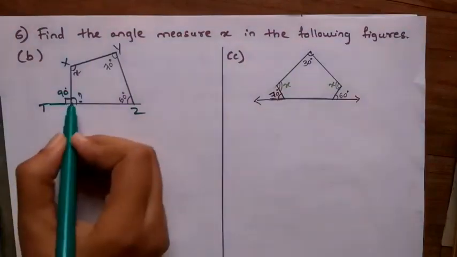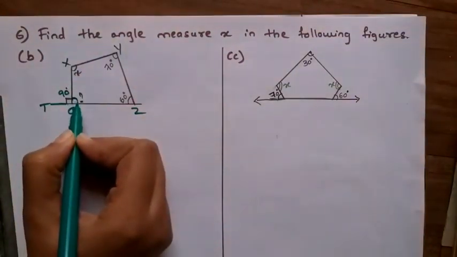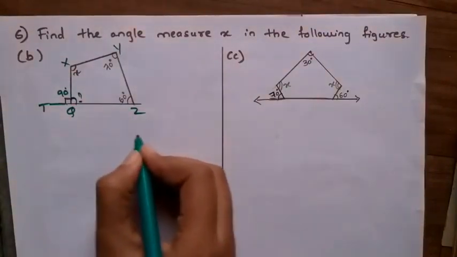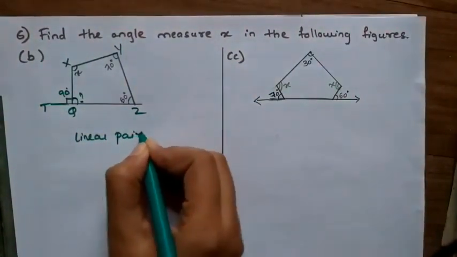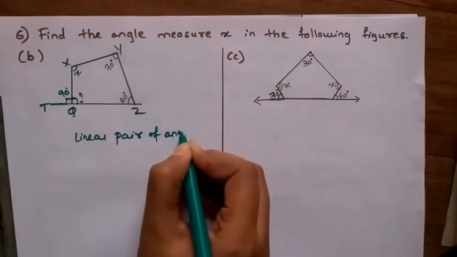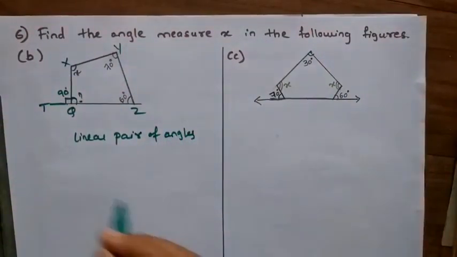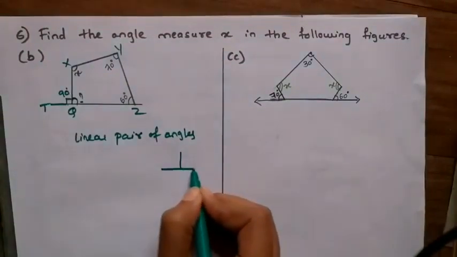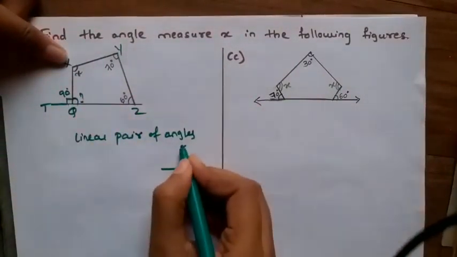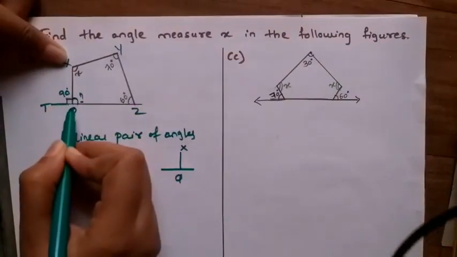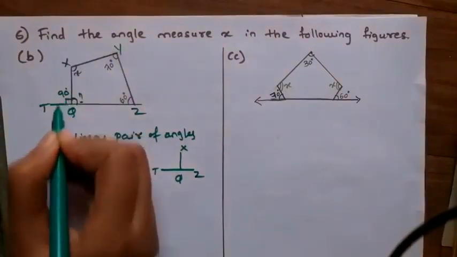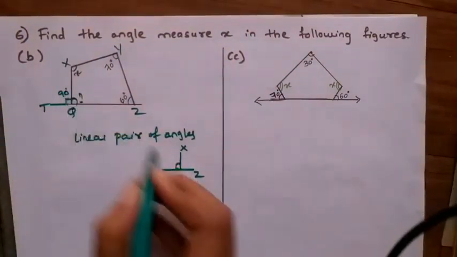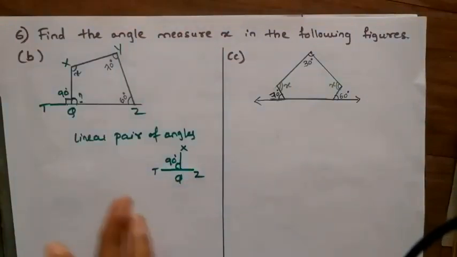Here first we have to find this value. We don't know this part of the value, so here I am going to apply the linear pair of angles. According to the definition, the figure is like this: X to Q, and T to Z, and here this is the right angle, they given 90 degrees. Just observe, the figure is like this only.